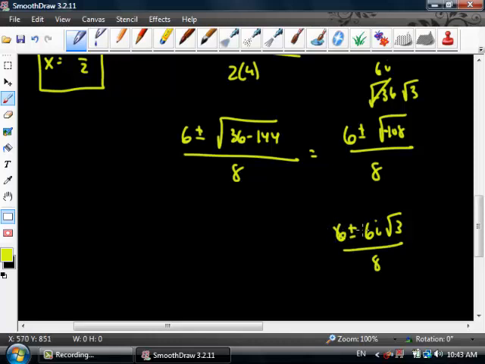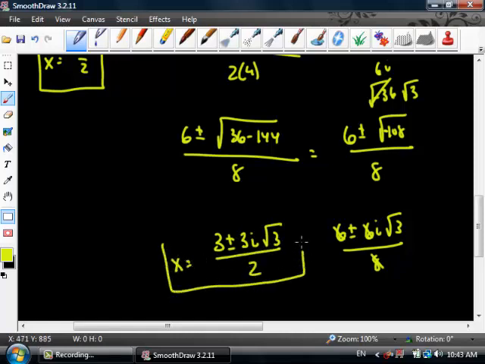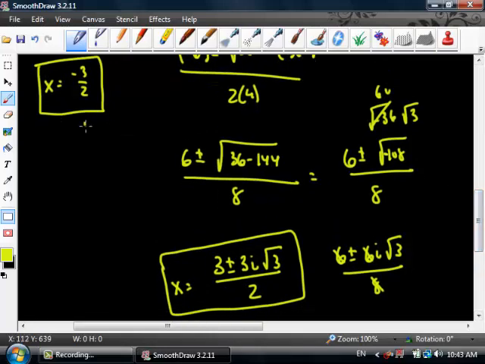So this is going to be a 3, this is going to be a 3, this is going to be a 4. So 3 plus or minus 3i root 3 over 4. So those are your answers right there, here and here.